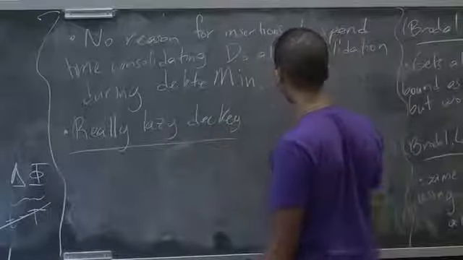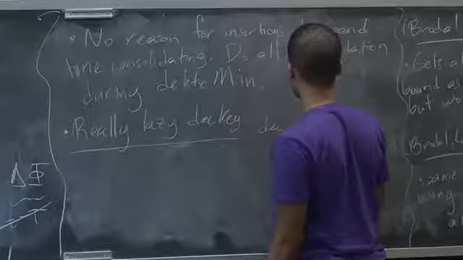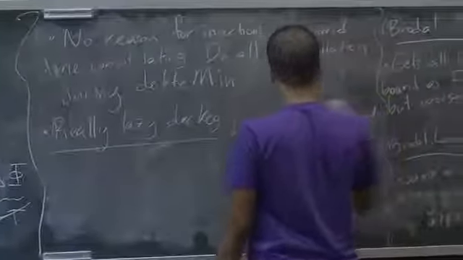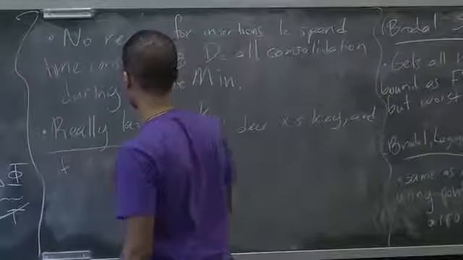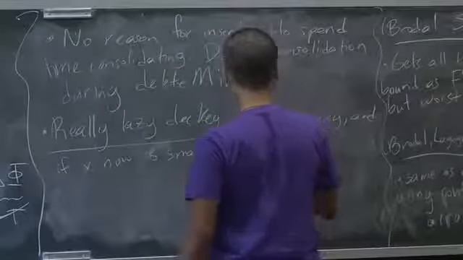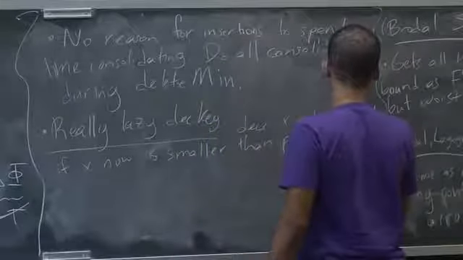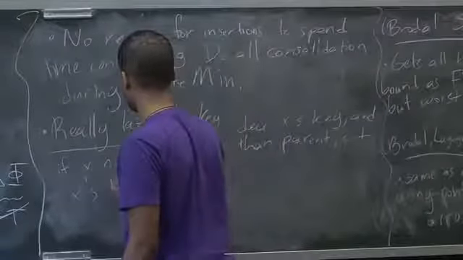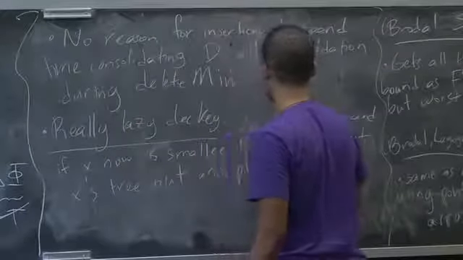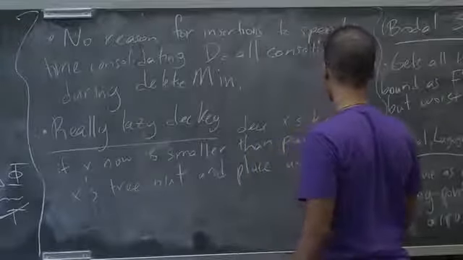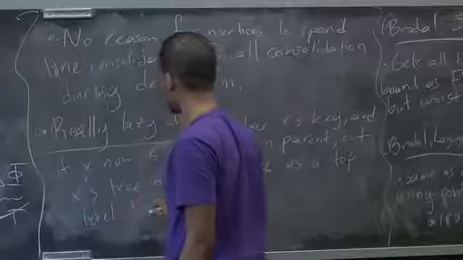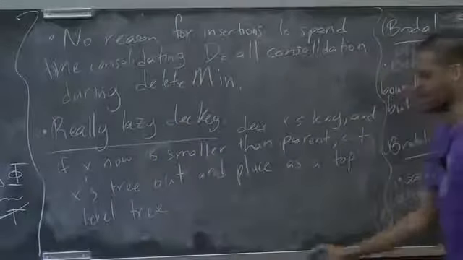Really lazy decrease key is: decrease x's key, and if x now is smaller than its parent, cut x's tree out and place it as a top level tree in our linked list.